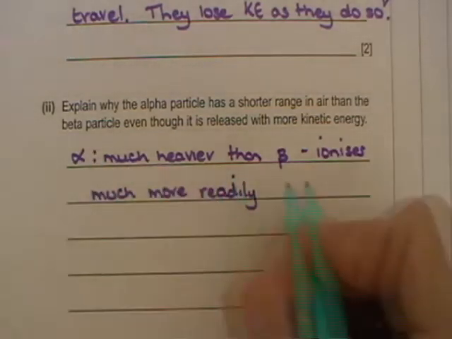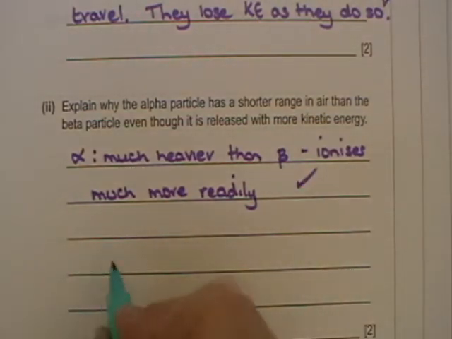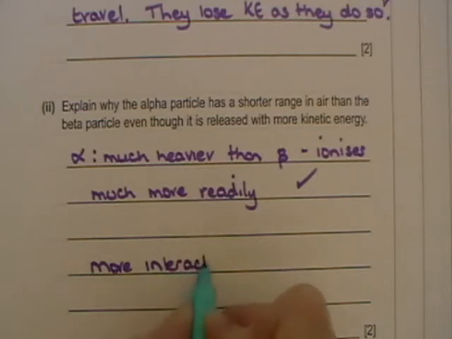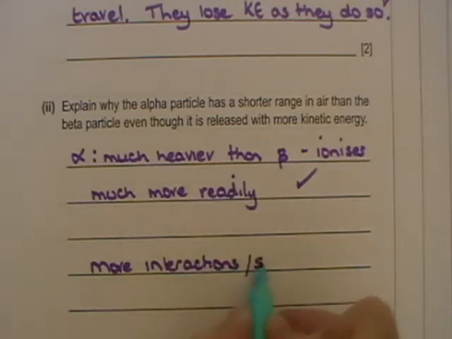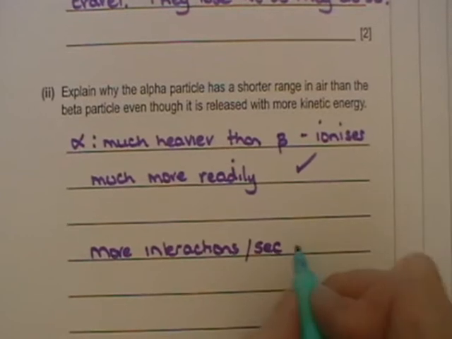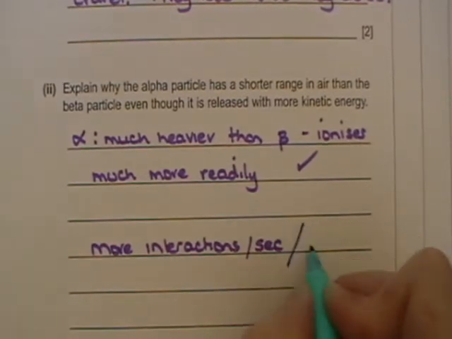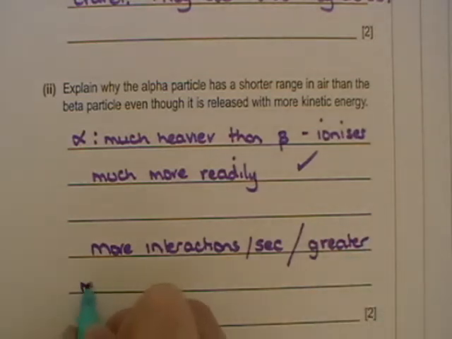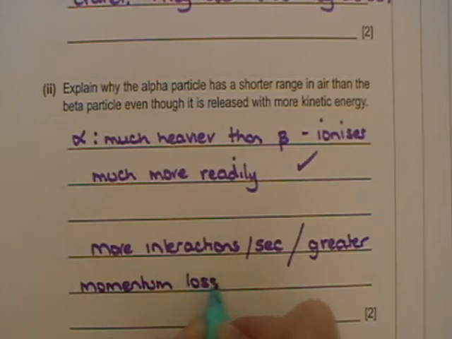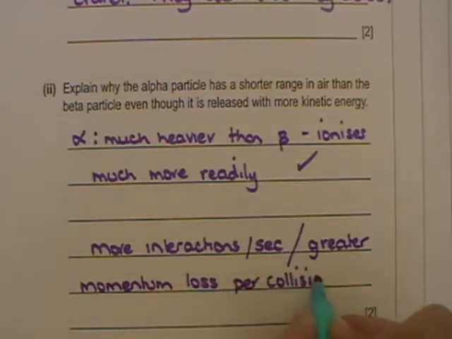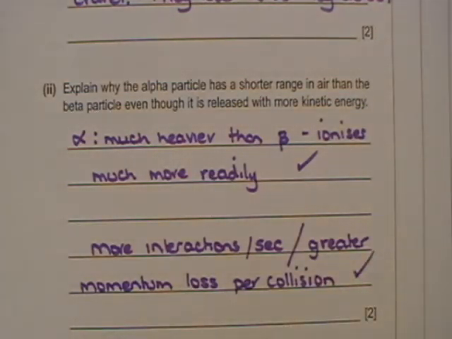And then the second mark is for saying something about there being more interactions per second. And they also have in the mark scheme a greater momentum loss per second, per collision actually. And that's the second mark.